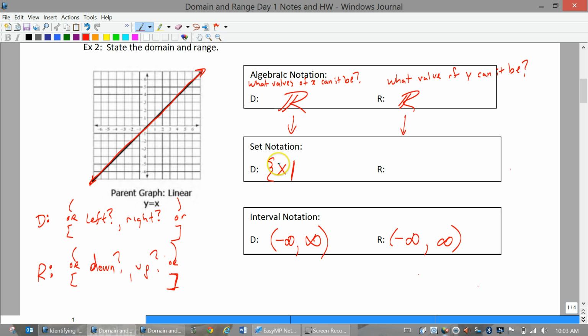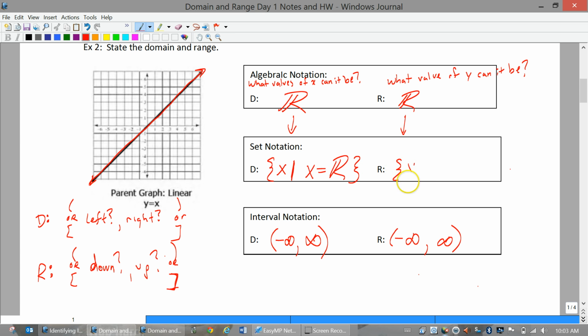The squiggly bracket is just opening the set. The x means, okay, we're defining a variable. We're saying our variable is x for this one. The up and down line means such that. So a variable x such that x can equal all of the numbers, which is the big R. And then we close our set with the squiggly bracket. For the range, we do the same thing.